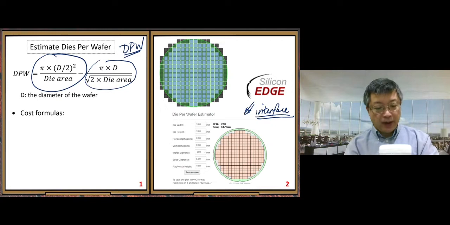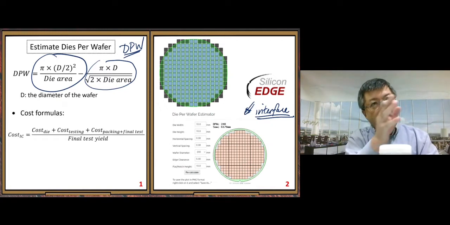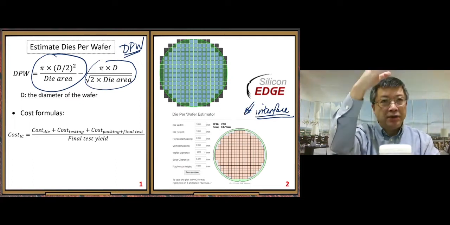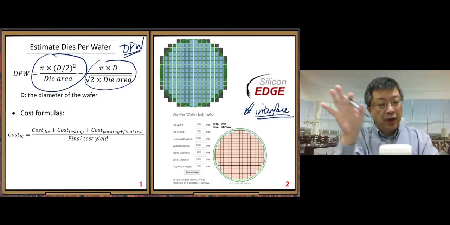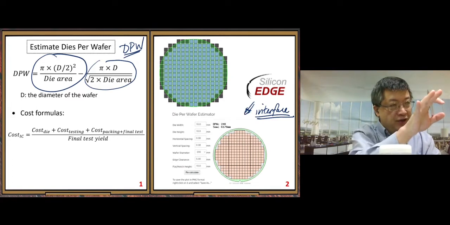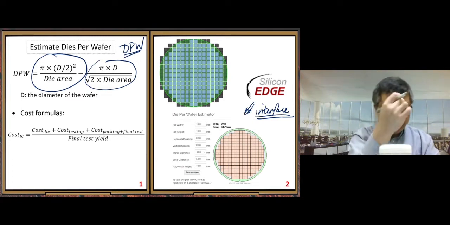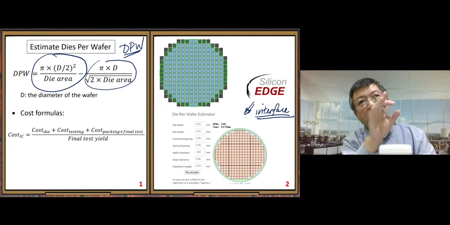Next, the cost formulas. First, the cost of IC, integrated circuit formula. It is the ratio of two numbers. The numerator contains three terms. The first one, cost of die. Each die has a cost. Second, cost of testing, the initial testing.